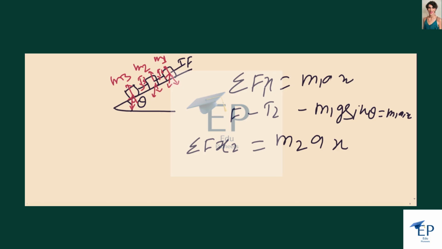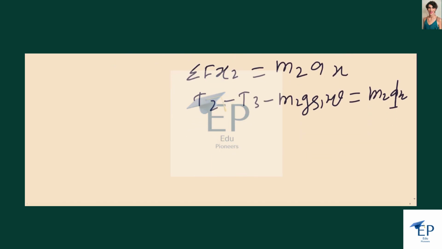So the net force for the second block would be T2 minus T3 minus M2 g sin theta, which is equal to M2 AX. And for the third one, again the expression comes out to be T3 minus M3 g sin theta equals M3 AX.